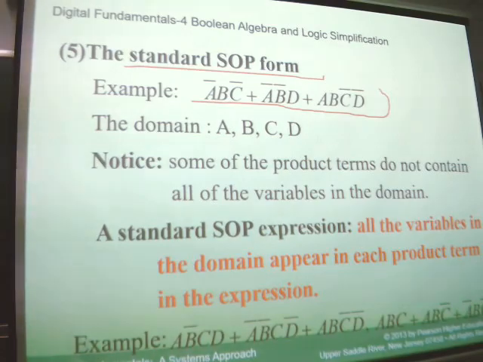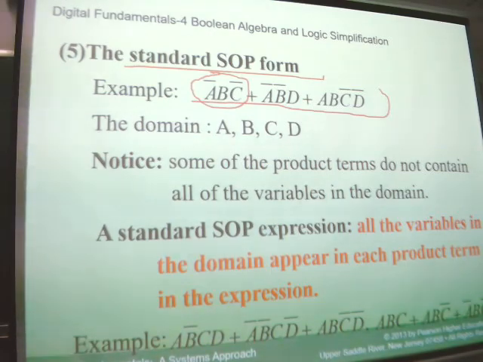So it is not in standard SOP form, because the definition of a standard SOP expression is that all the variables in the domain appear in each product term in the expression. For example, A bar, B bar, C bar.